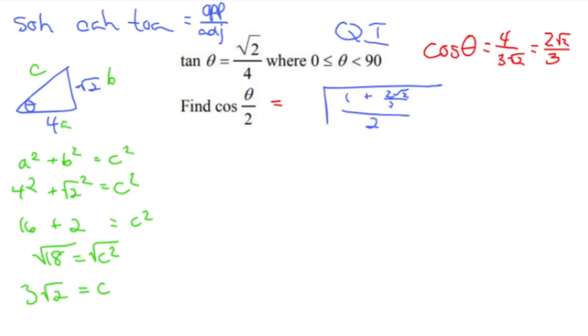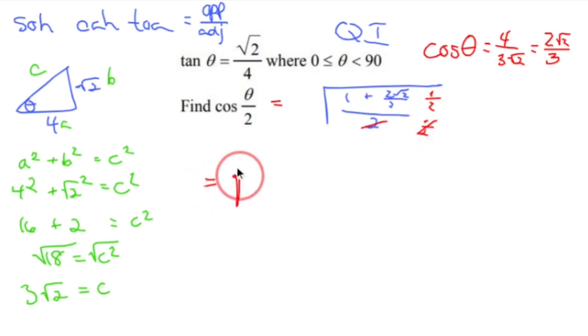Now, what I have to do is get rid of the fact that we have a square root on the bottom. It doesn't look like I have a square root on the bottom because the whole thing's trapped inside a square root, but I have a square root on the bottom. I guess what I'll do is I'll multiply the top and the bottom by 1 over 2. That'll eliminate it.